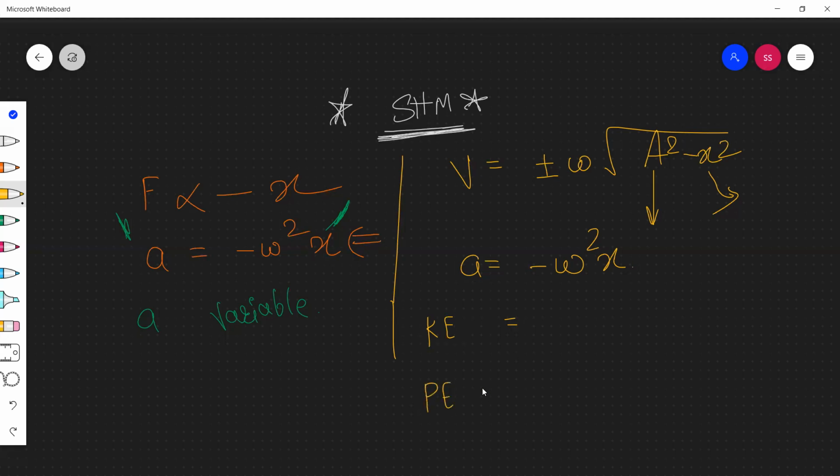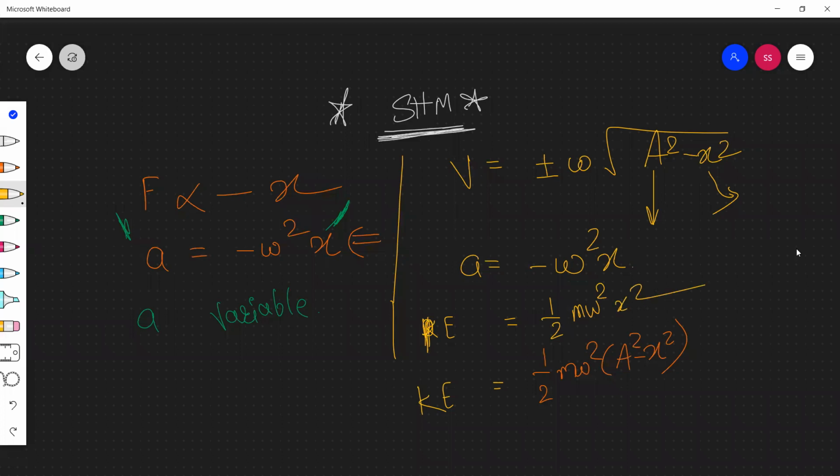If the mass of the body which is performing the SHM is m, then the kinetic energy and potential energy of the SHM can be given as: kinetic energy will be equal to half m omega square in bracket a square minus x square, and the potential energy is given by half m omega square x square.